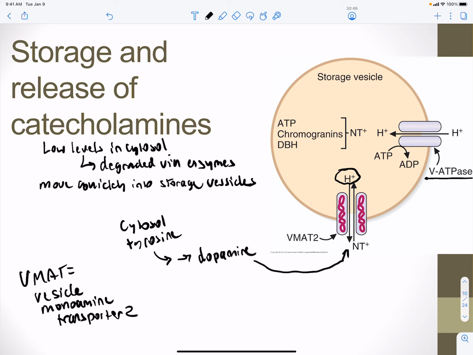And so the vesicular V-ATPase pump is going to pump protons into the vesicle. And the protons are going to be exchanged for your charged catecholamines. In this case, we have, of course, dopamine. Now, norepinephrine hydroxylation is actually going to occur in the vesicles.